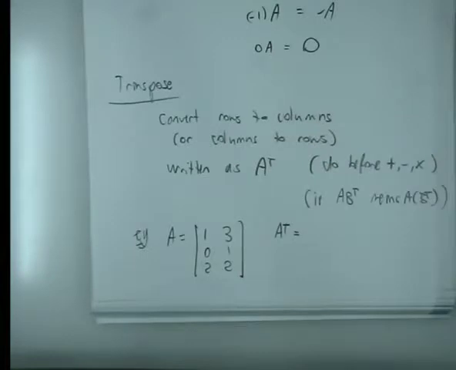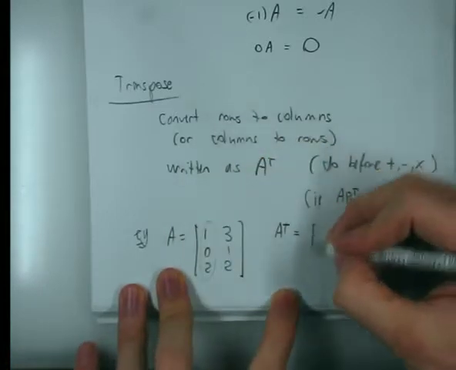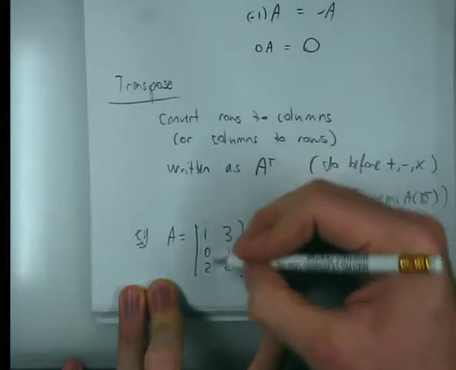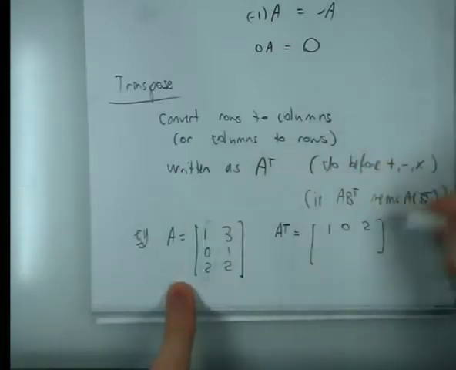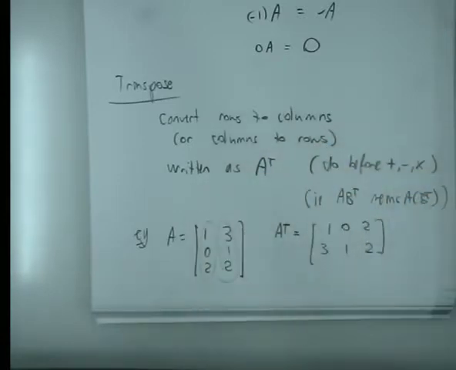I've got two choices. I could use the rows or the columns. I choose whichever is longer, and I know that the first column of A becomes the first row of A transpose, and the second column of A becomes the second row of A transpose. And I do it one column at a time. It stops me from getting it wrong.